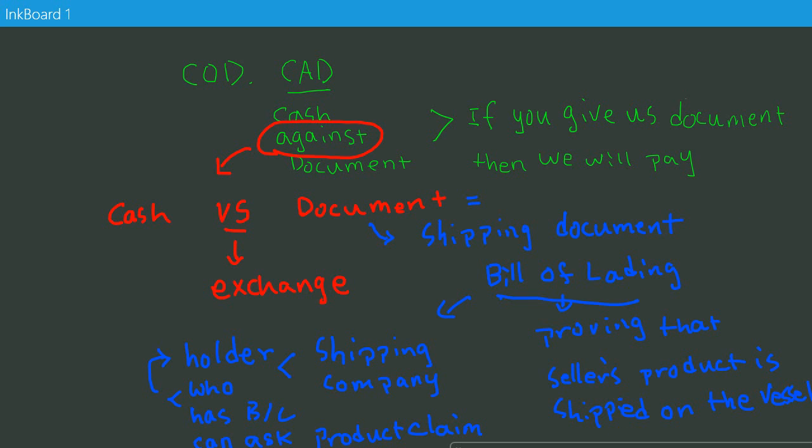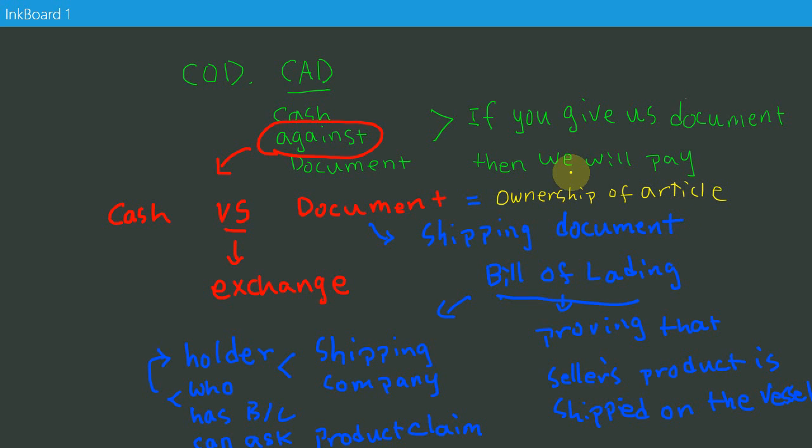So this is a critical document which proves the ownership of the article. Somebody who holds this shipping document is the owner of the article.